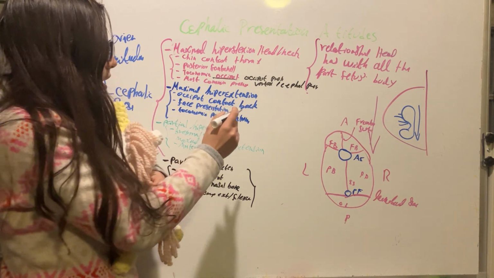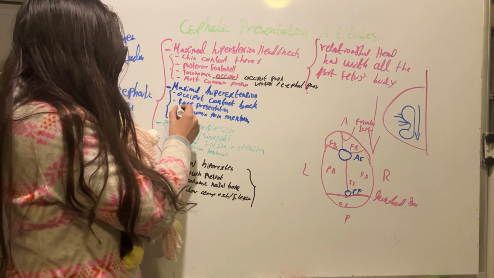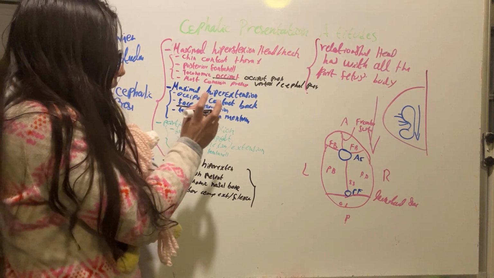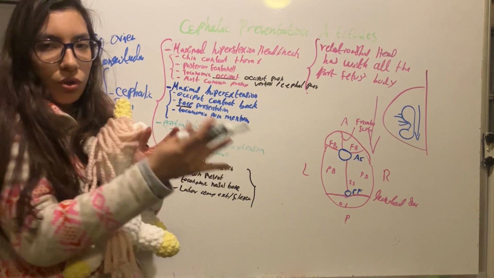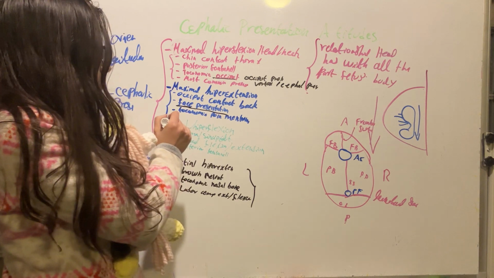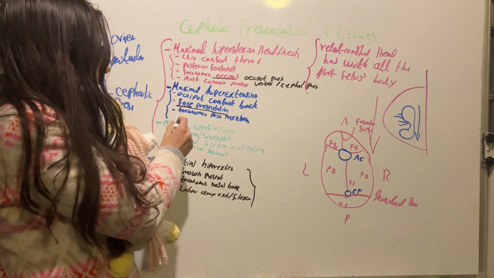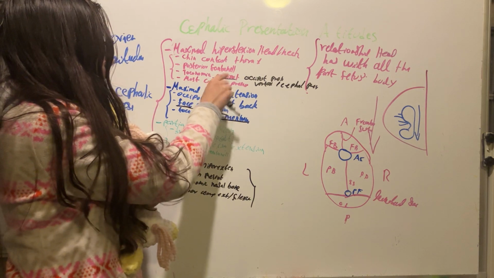Maximal hyperextension, this is face presentation. This is the face attitude of cephalic presentation, but the short way to say this is face presentation. And here the tokonomic point is the mentum, and in the vertex it is the occiput.